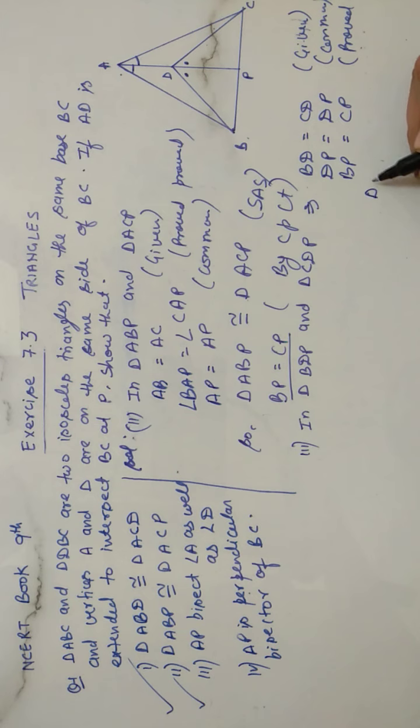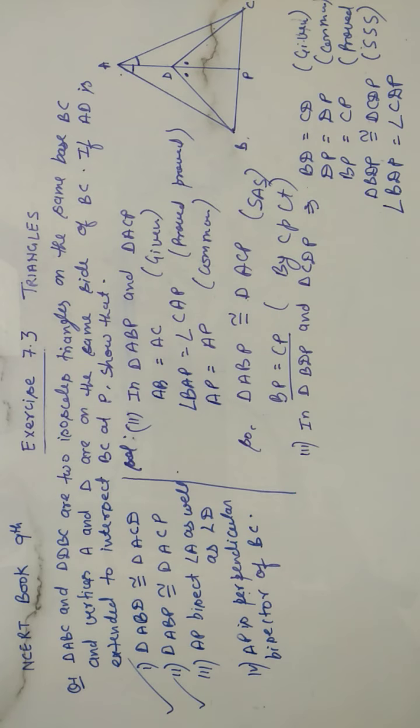Triangle BDP is congruent to triangle CDP, and the rule is SSS congruency rule. These two triangles are congruent. Once these two triangles are congruent, then angle BDP is equal to angle CDP.